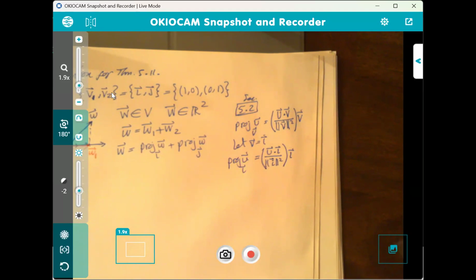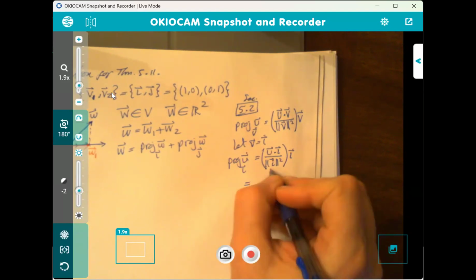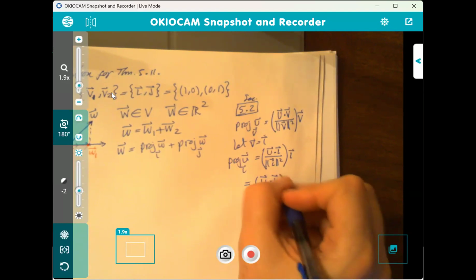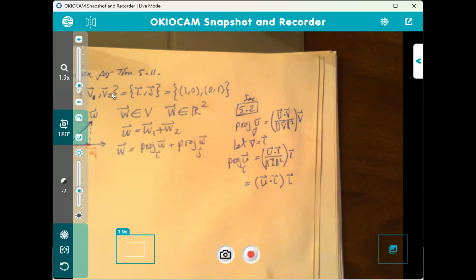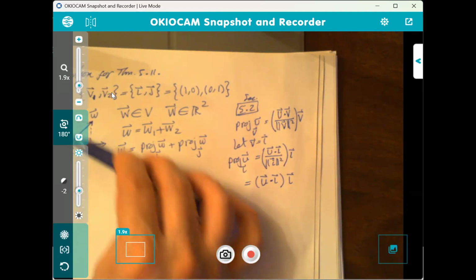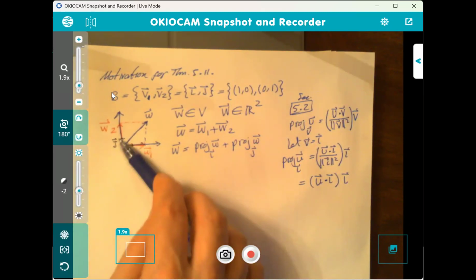Now, the magnitude of i, because i and j are unit vectors, is 1. So the denominator is 1, therefore the numerator is just U dotted with i times i, which gives you a vector in the direction of i. That's W1. And W2 is a vector in the direction of j.